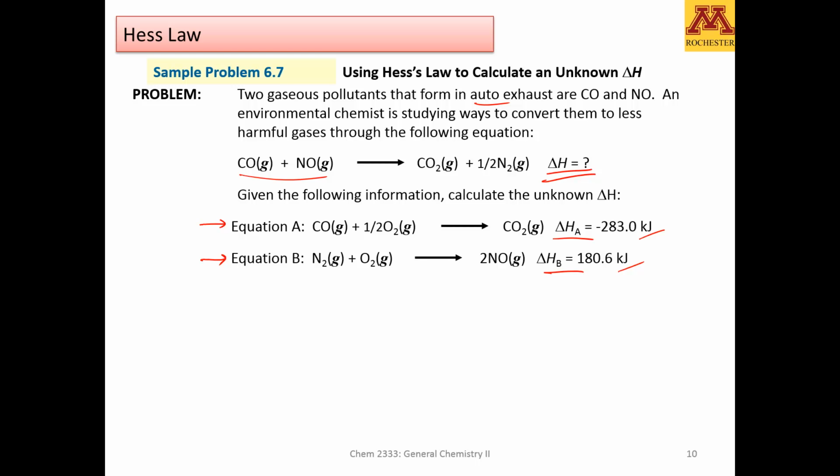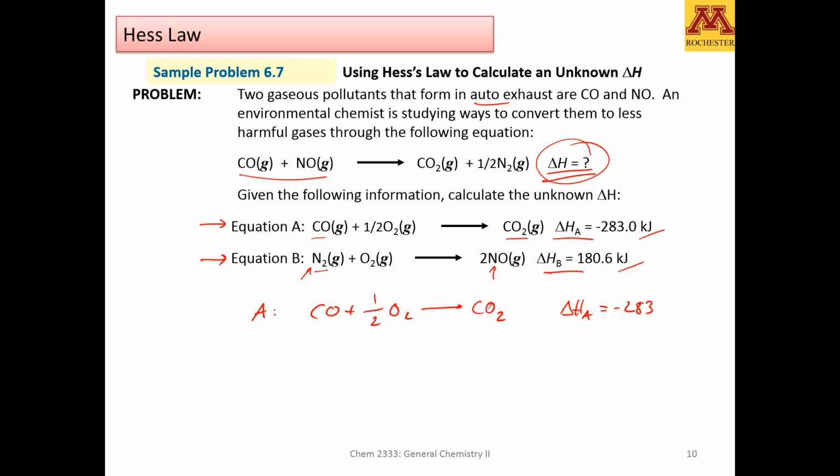In what way can I combine these two reactions so that I can figure out the change in enthalpy? Notice that I want CO2 on the right and CO on the left, so I'm going to use equation A the way it is, and delta H A is negative 283 kilojoules. Now for B, I want N2 on the right and NO on the left, and I want just half of nitrogen.